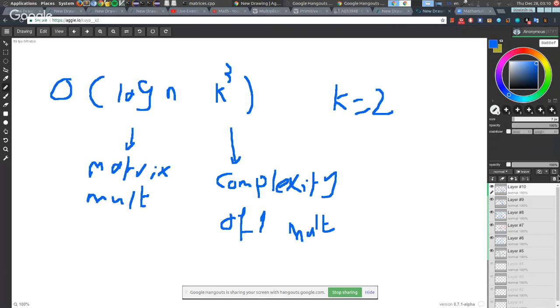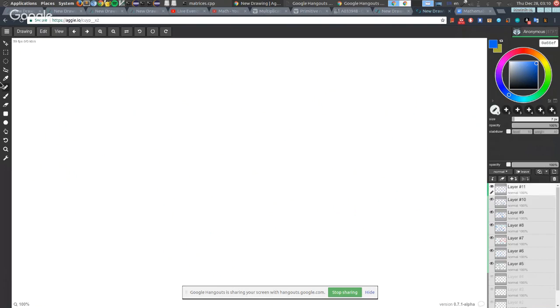I'll move now to a harder example. We'd like to compute this linear recurrence, or actually this one is not a linear recurrence.